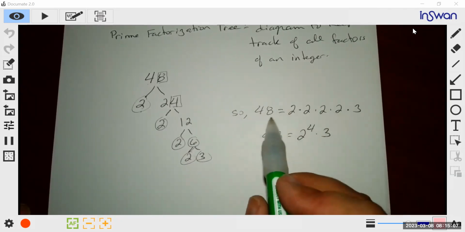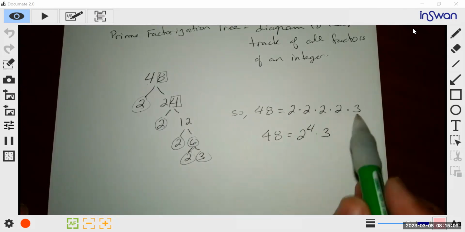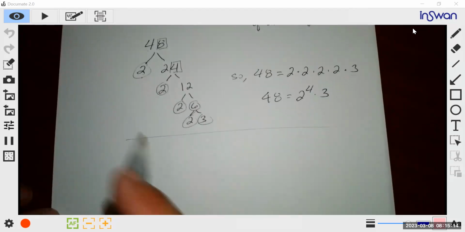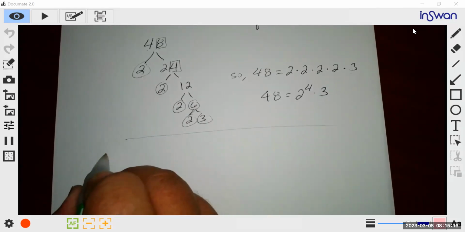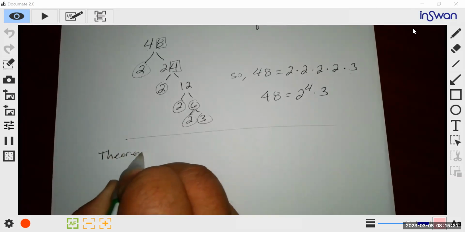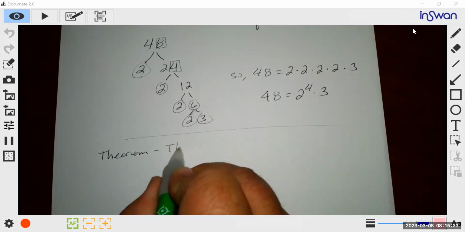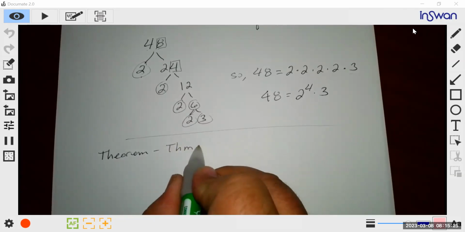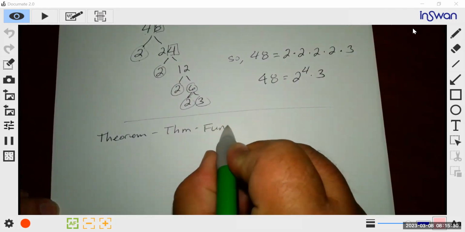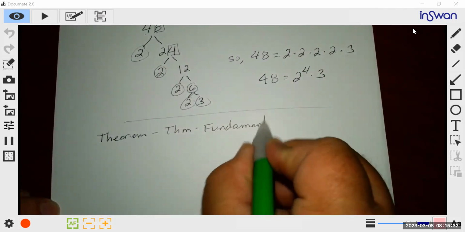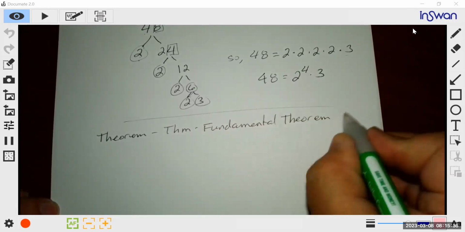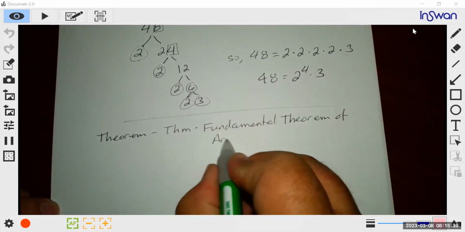Again, any number can be broken down to a series of prime numbers, which gives us our first theorem. Instead of writing theorem, I'm simply going to use the abbreviation THM. This first theorem is called the fundamental theorem of arithmetic.